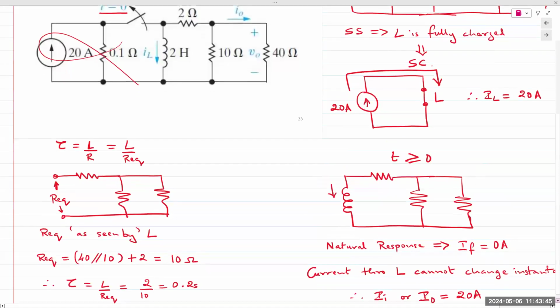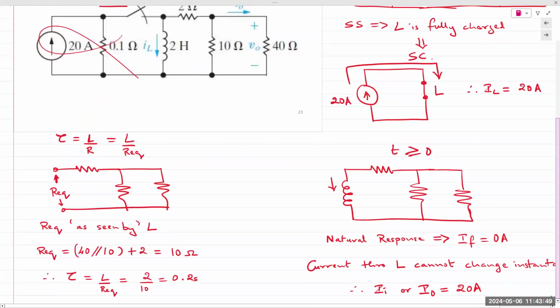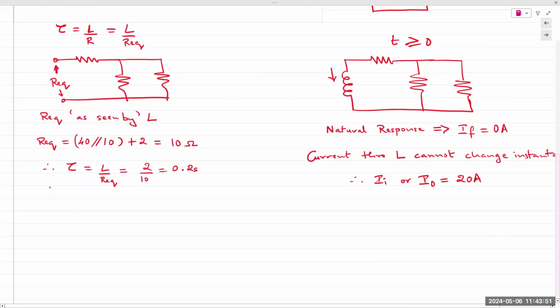All right, so let's see. Now that we have the 3 quantities, we simply plug the values into the standard expression.